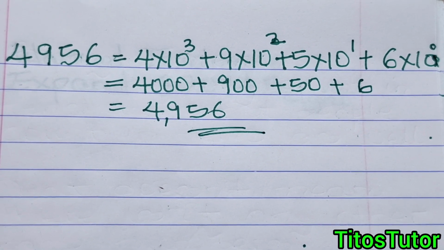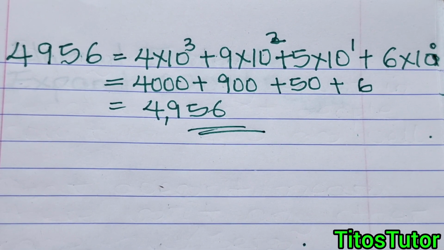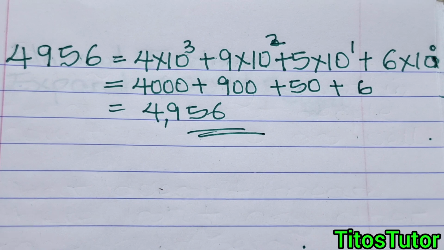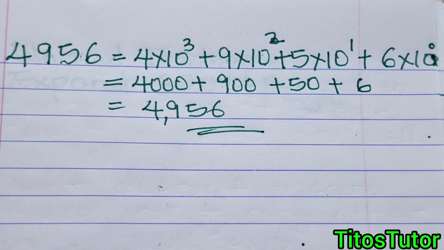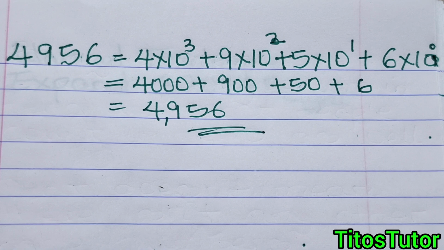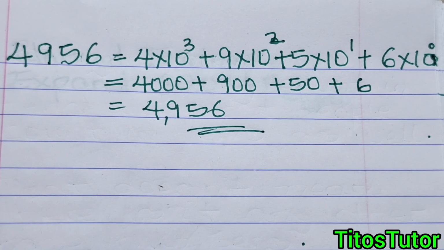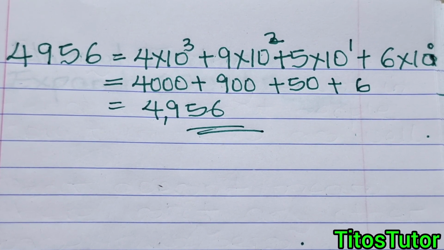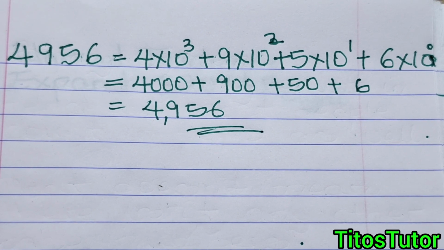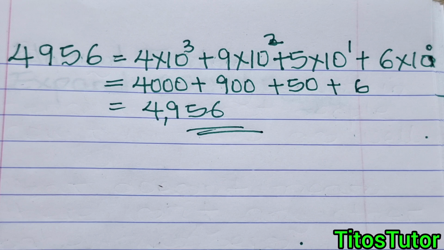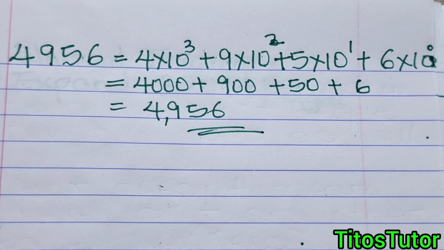So you notice that in 4,956, there are 4 digits. Because you're starting with 0, your first power will be 1 less. 4 digits, that means your first power will be to the power of 3, 1 less than 4, and it keeps reducing as you go on.